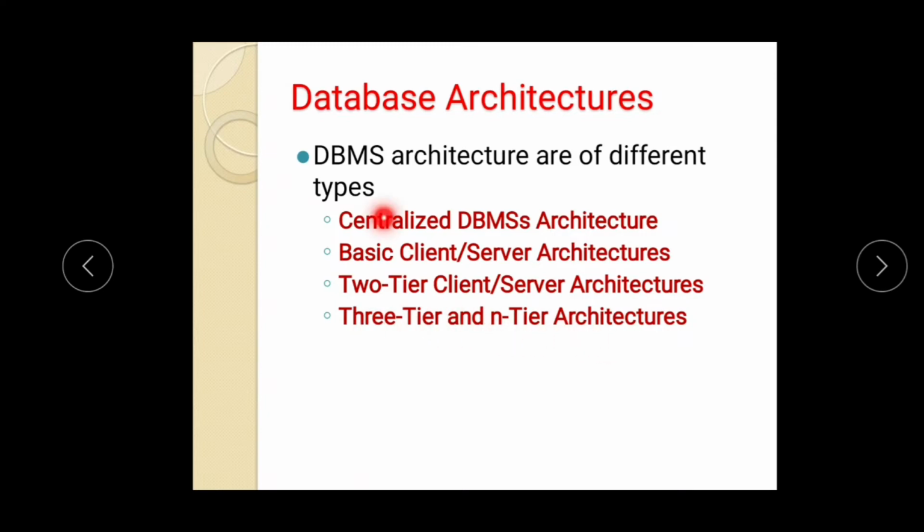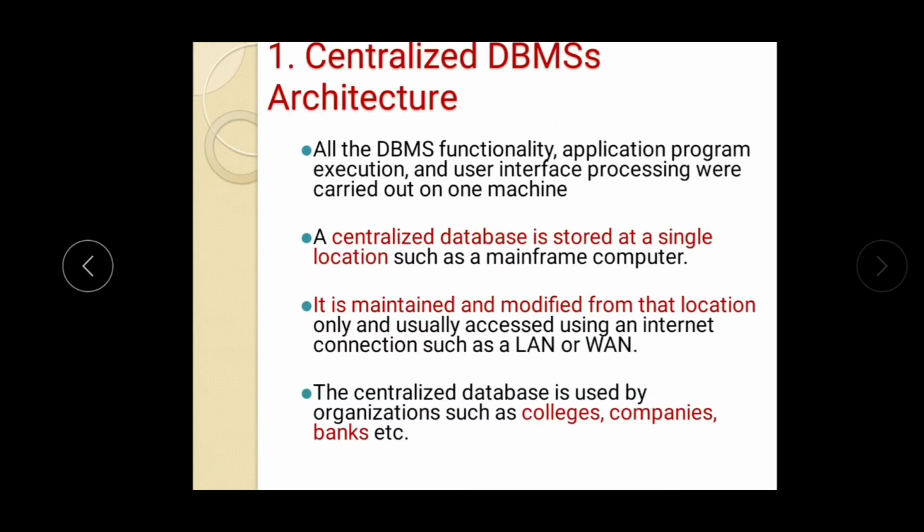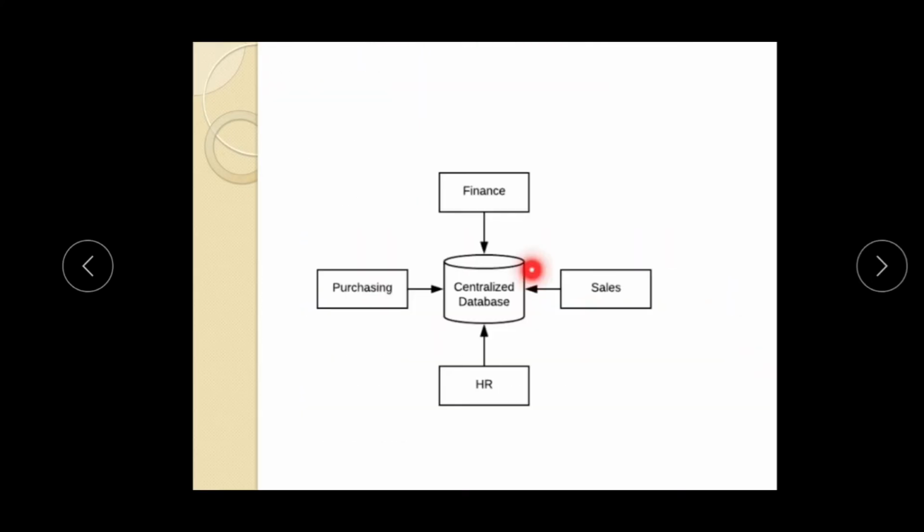We have to study all these architectures in detail. First, we can go through the centralized DBMS architecture. Before going into the theoretical part, we can just see the figure. This is the centralized database system. Here we have a centralized database, which is stored in a single location.